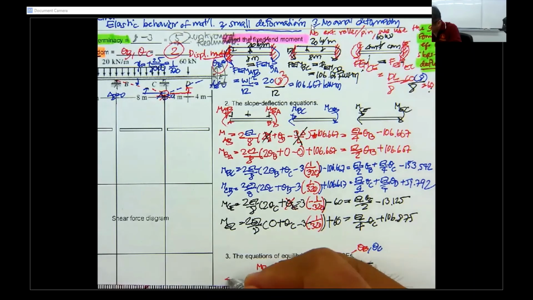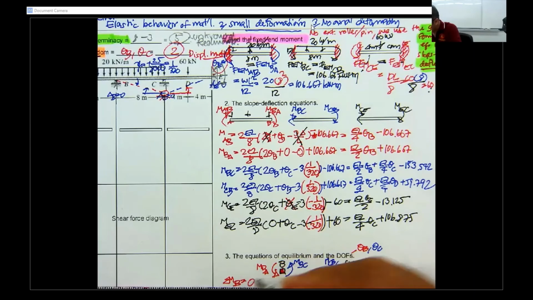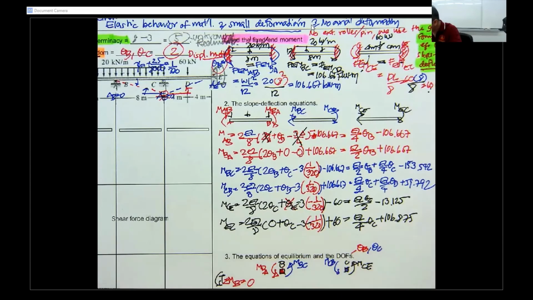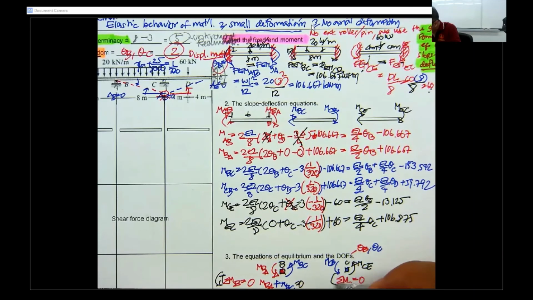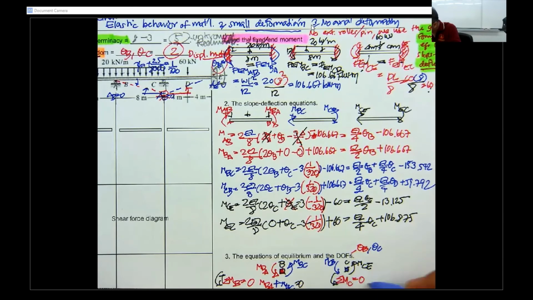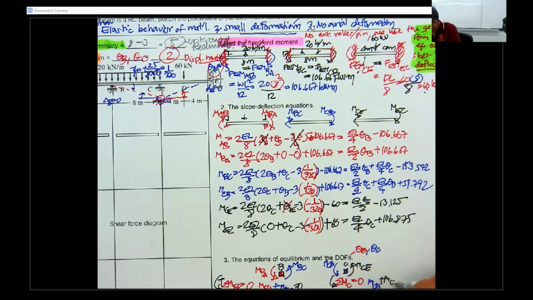We use the first one, summation of the moment at B is 0, and you can see this is counterclockwise. So you have M sub BA plus M sub BC, and the combination of them is going to be 0. Another one is going to be summation of the moment at C is 0, and this one you have M sub CB plus M sub CE, and the combination of them is going to be 0.